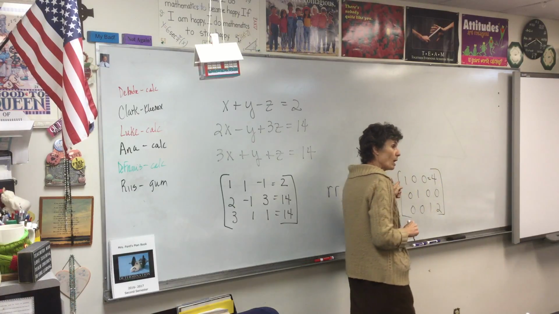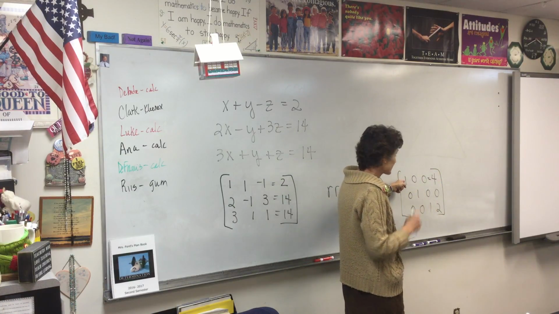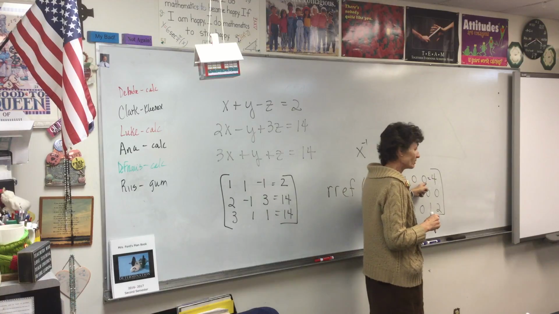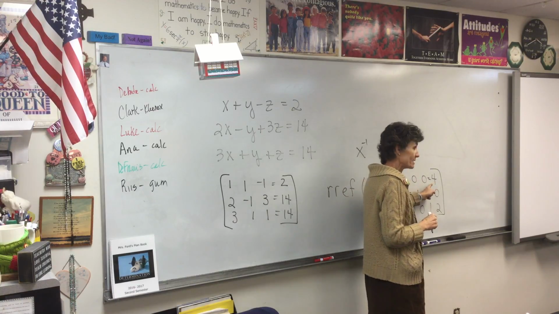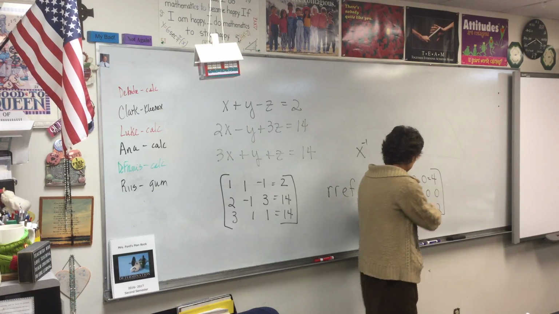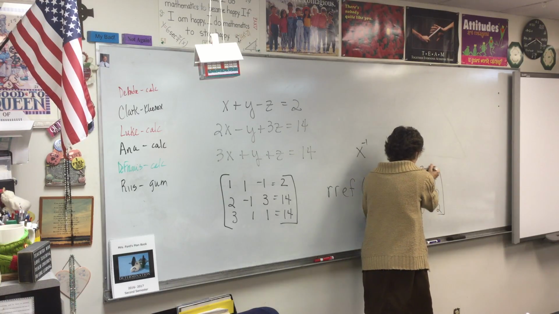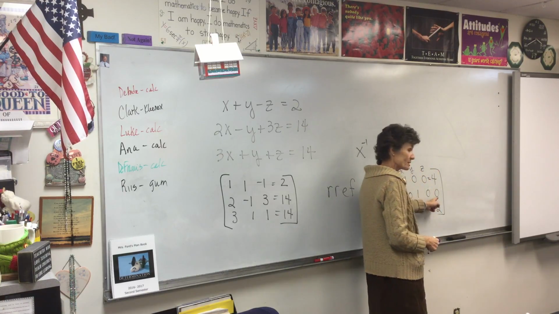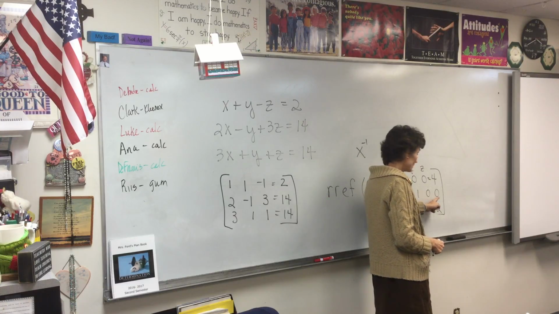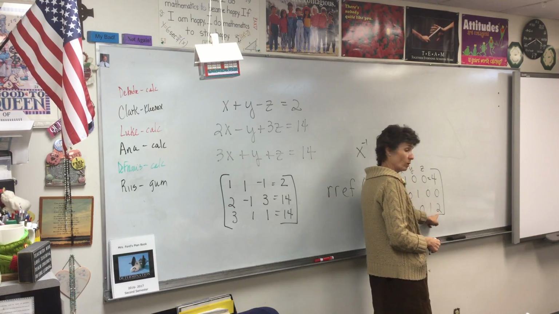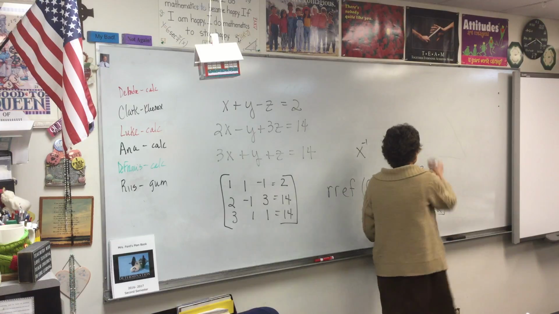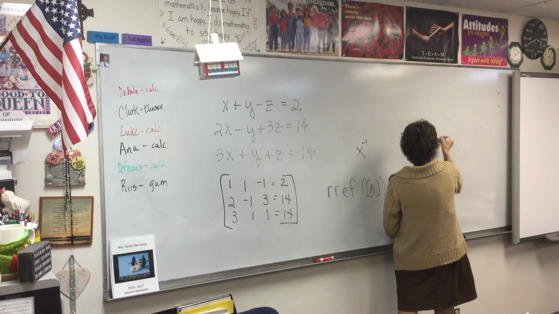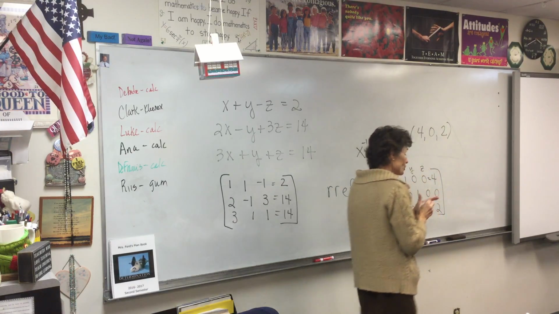Look at that top row. That's 1x, nothing else is there, so x equals 4. This is the y row, y equals 0, and z equals 2. So your answer is 4, 0, 2.